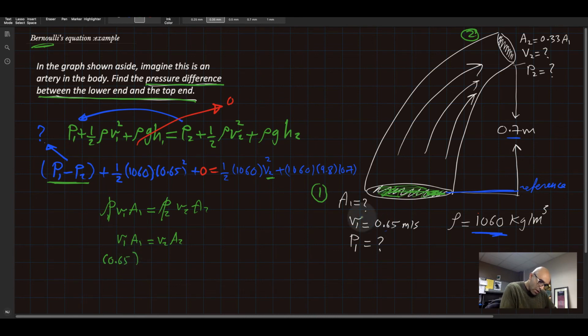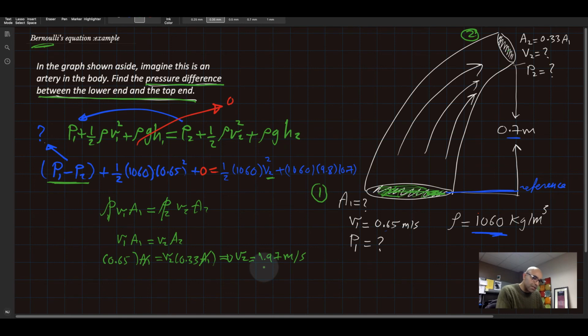A1 is not given, and V2 is what we need to find. A2 is given in terms of A1, which is 0.33 A1. Now divide by A1. A1 with A1 goes away, and once solved, V2 ends up equal to 1.97 meters per second. That's the velocity of the blood at this opening.